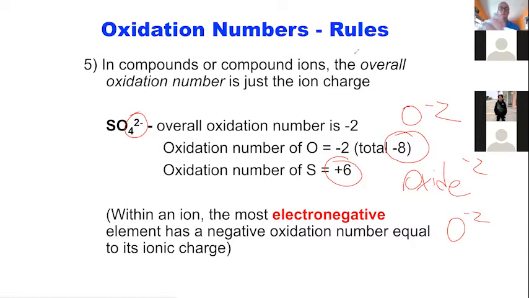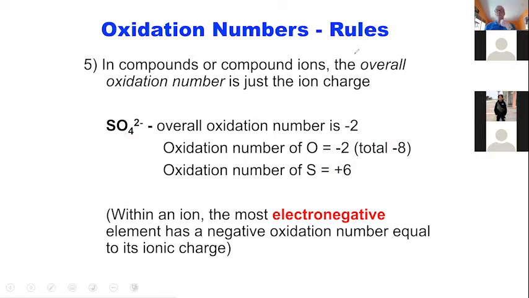So that's how we figure out oxidation numbers for a compound or compound ion: we figure out which ones we know, oxygen, fluorine, those, and then we use those to figure out what the other atoms are. In this instance, sulfur.